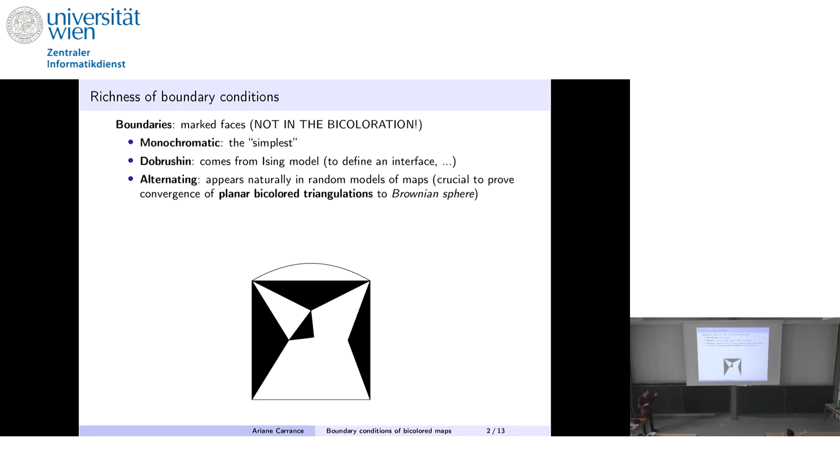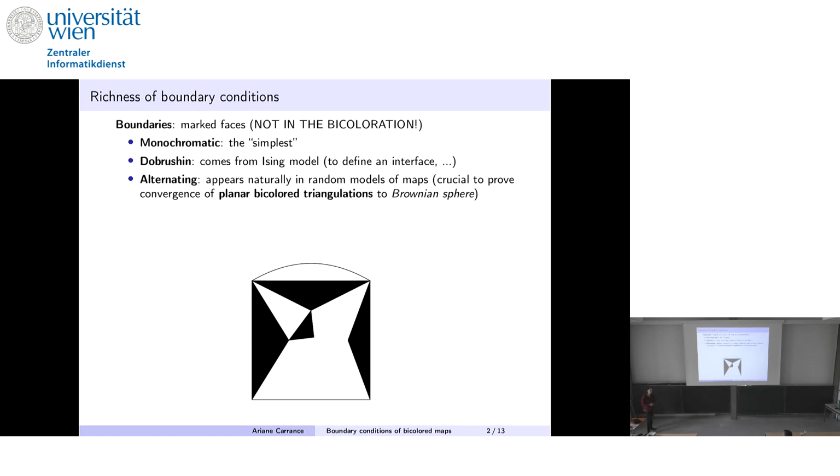And one other condition that I'm going to focus on later on is the alternating one, where in this case, the edges that are adjacent to this outer face alternate between black and white.